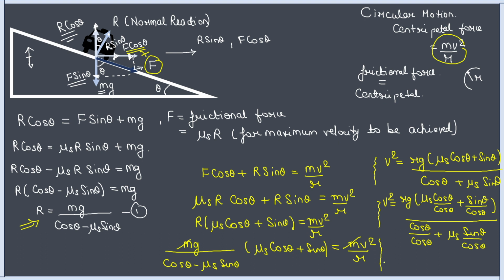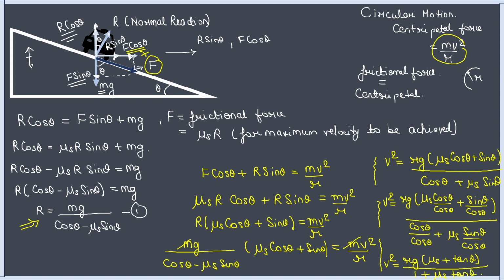Simplifying further, mu s is the coefficient of static friction, cos theta upon cos theta is 1, sin theta upon cos theta is tan theta, and in the denominator we have 1 minus mu s tan theta.